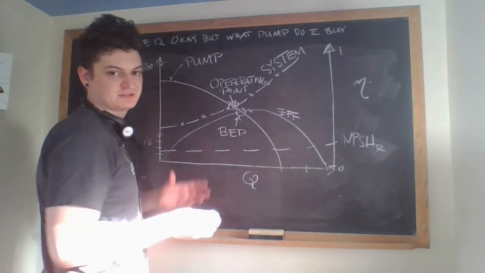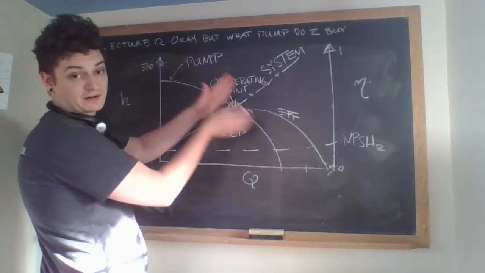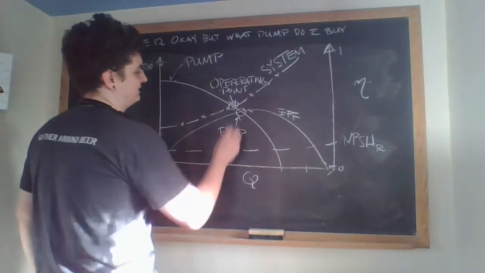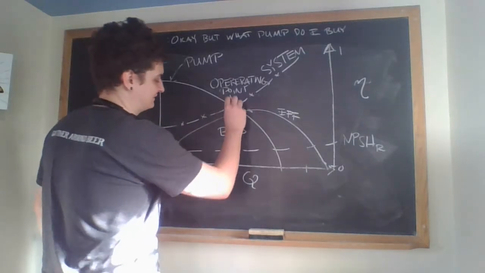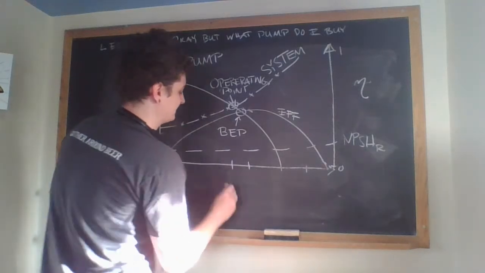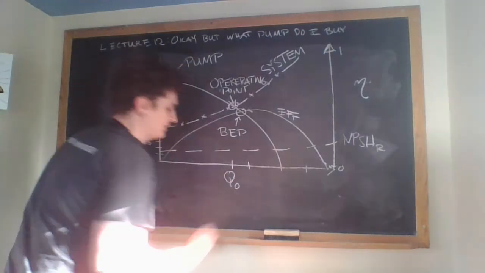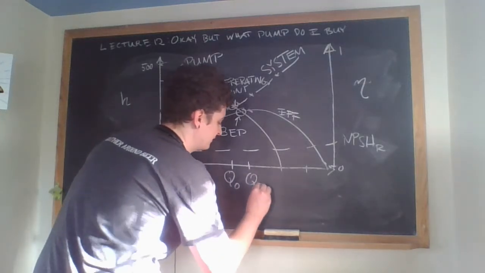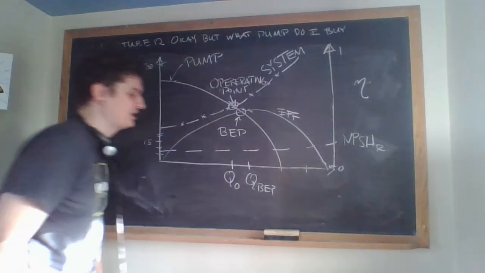Okay, so these are what we're going to describe and use in terms of selecting pumps. Looking at these two intersection points and weighing the options is what it all comes down to. Because with this operating point, you see that there are two flow rates here. There's QO, Q operating point, and then there's flow rate BEP, right?